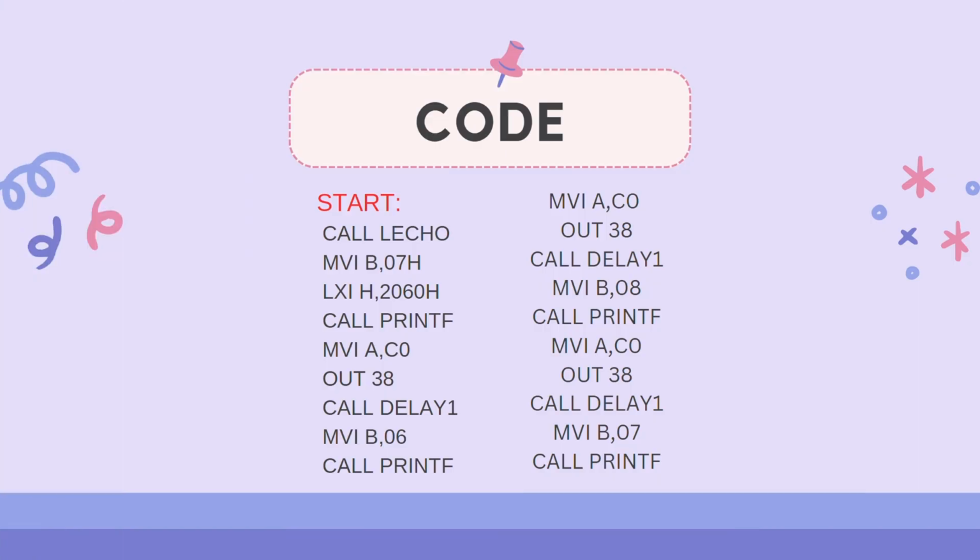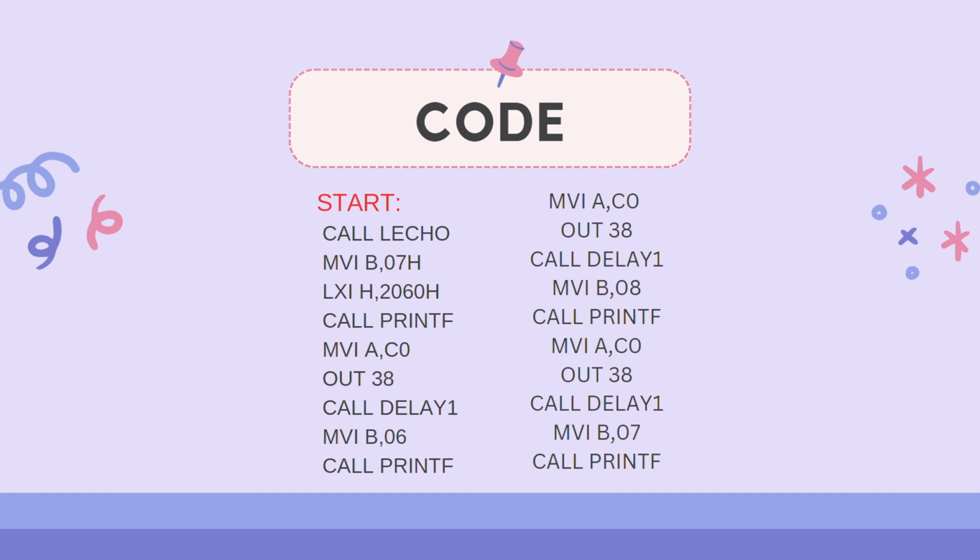The assembly language code is the sequence of instructions for printing names in the 8085 microprocessor. It initiates by calling a subroutine named LECO, then loads a value into register B and initializes the H and L pair of registers. Subsequently, it calls the printf routine, moves a specific value into register A and outputs it to a port.